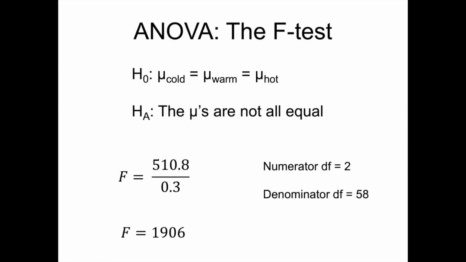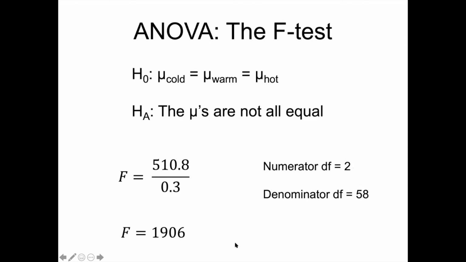We can use these mean squares to calculate our F statistic, which is simply the ratio of the mean square between divided by the mean square within, which in this case is equal to 1,906. And with this F statistic comes both a numerator and a denominator degrees of freedom. The numerator degrees of freedom is the between group degrees of freedom, and the denominator degrees of freedom is the within group degrees of freedom.